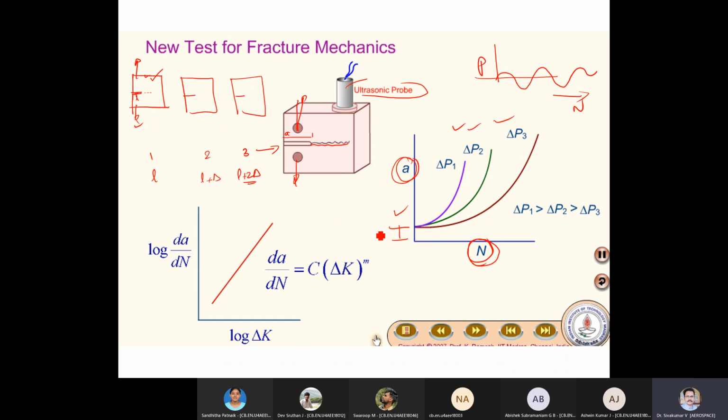Crack length is the same, A only, but here P1, P2, P3. P1 is greater than P2, and P2 is greater than P3. So what will happen when you apply P1? With fewer cycles N, because fewer cycles are needed for the crack to grow.